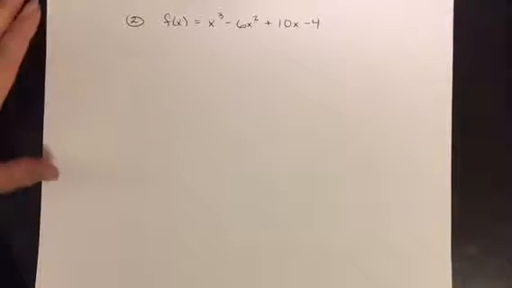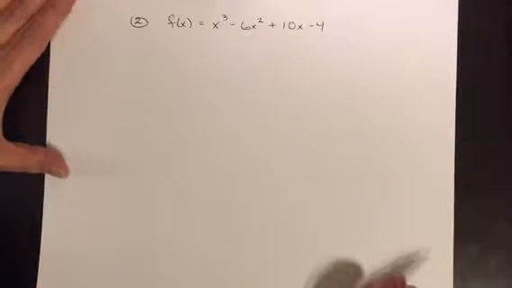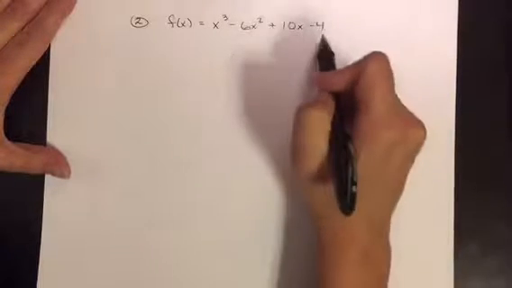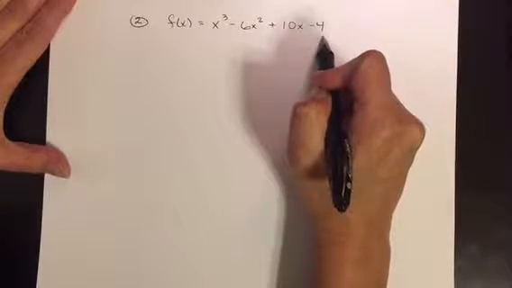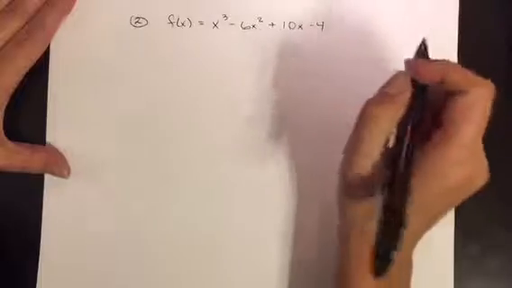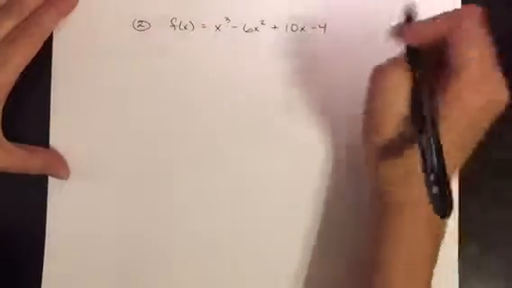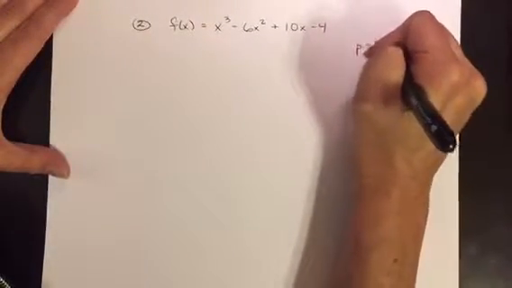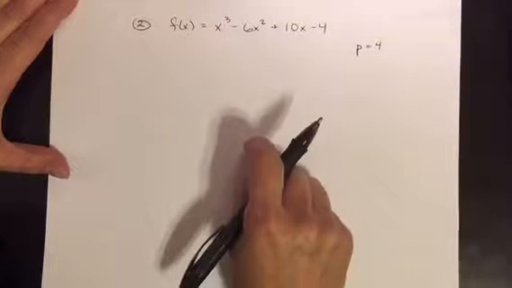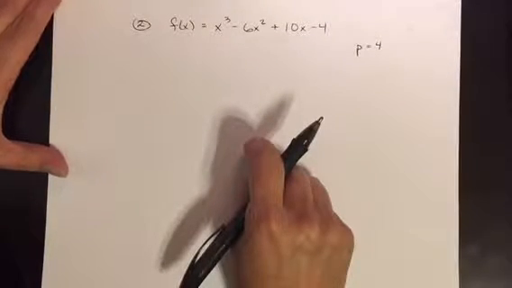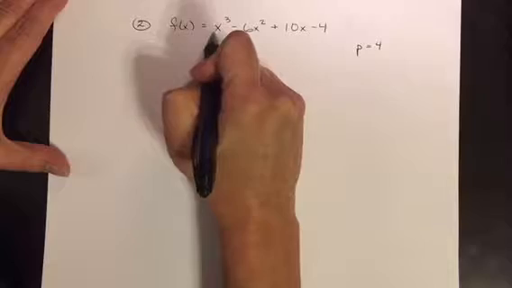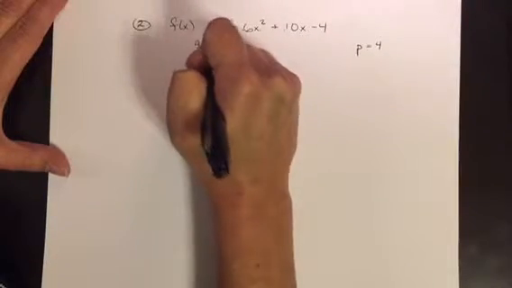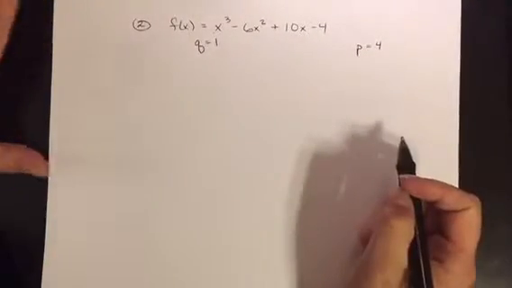So the first thing we need to talk about is P and Q. P is our constant term. If you remember, your constant term is here at the end without a variable. So P is equal to 4. Q is our leading coefficient. So in this case, Q is equal to 1.